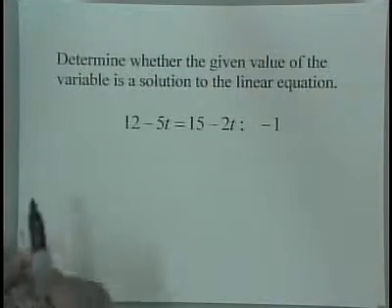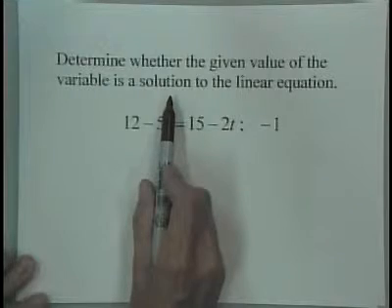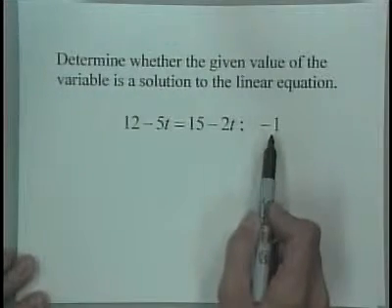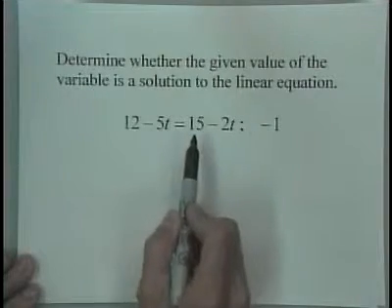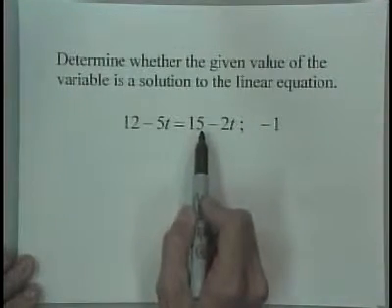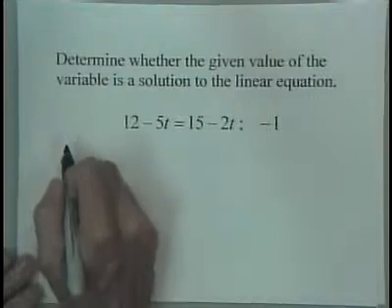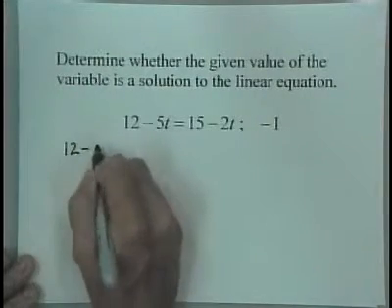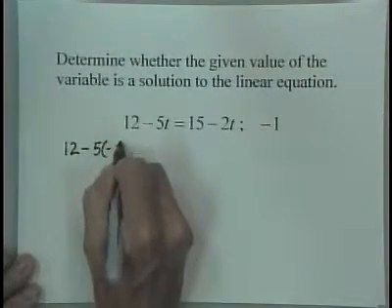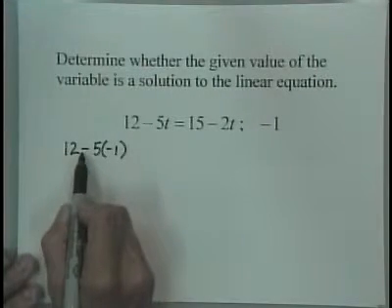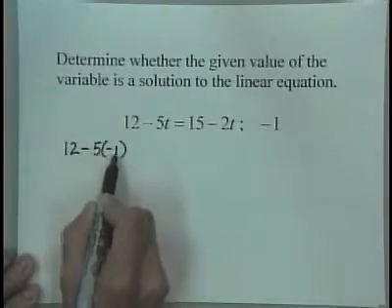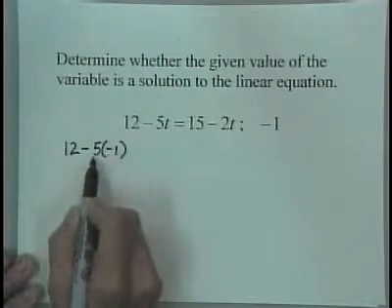To determine whether -1 is a solution to the linear equation, we want to see whether when it is substituted in, the right-hand side gives us the same value as the left-hand side. So let's start with the left-hand side, substituting the number -1 for the variable t. This reads 12 minus 5 times the number -1.